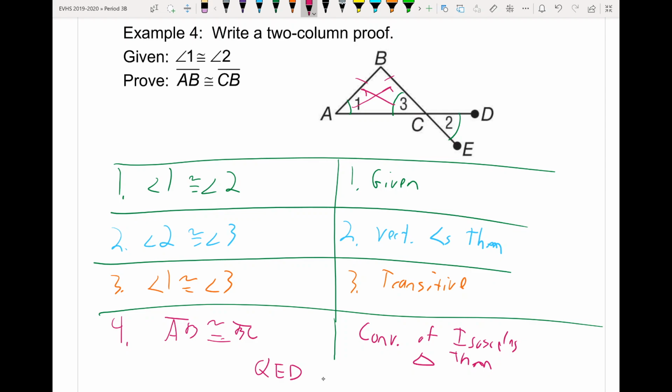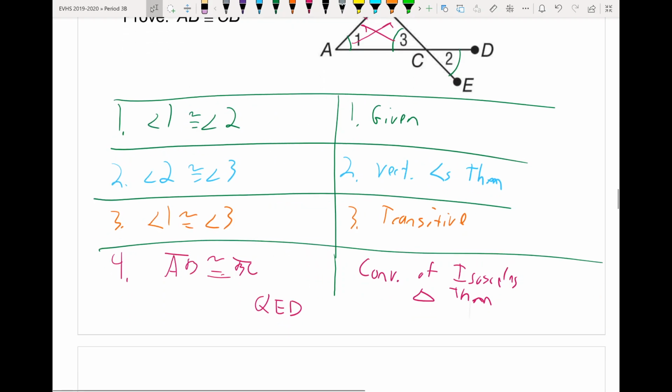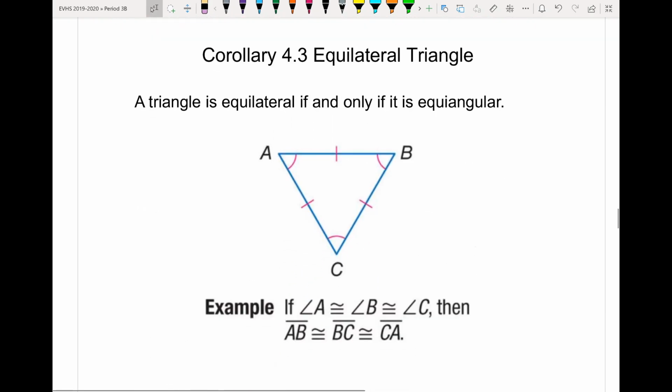Corollary 4.3, the equilateral triangle. Honestly, I don't like numbered corollaries, but I had to do it.